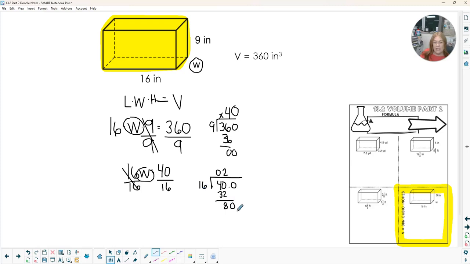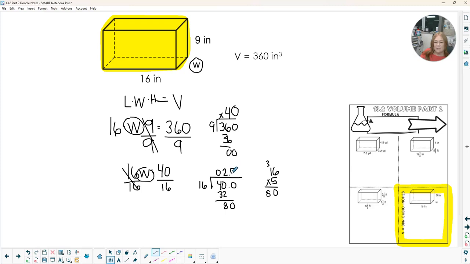So now we have 80. Definitely more than 4 times. I'm thinking 5. Let's try 16 times 5 is 80. Oh, exactly.